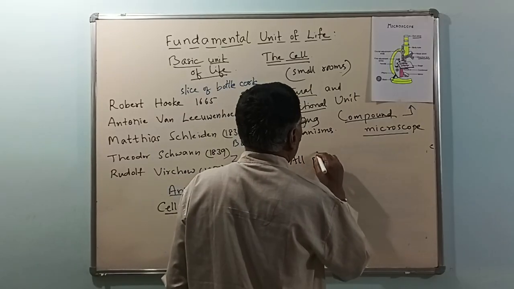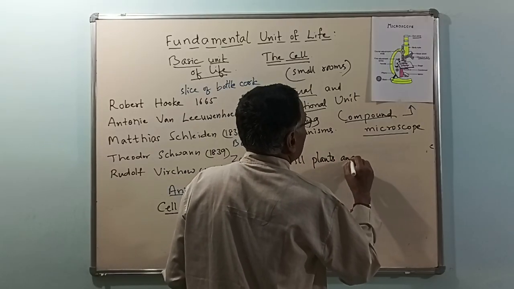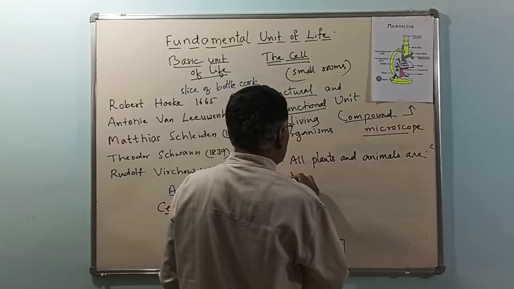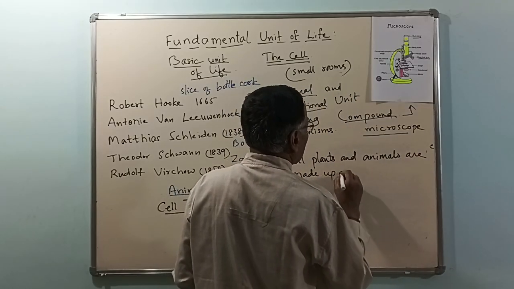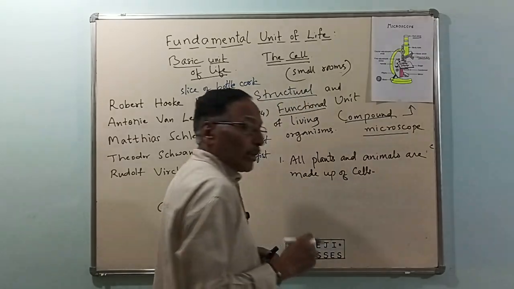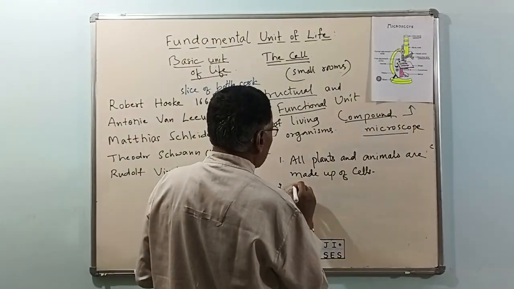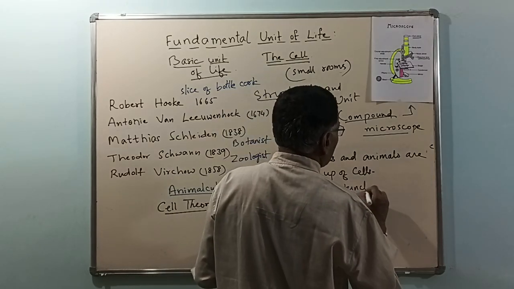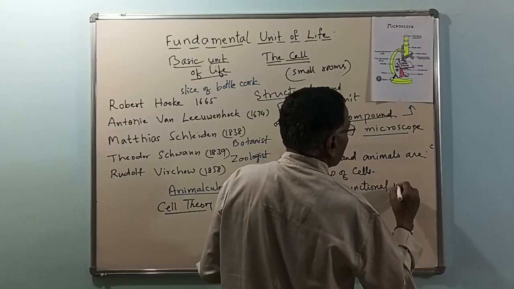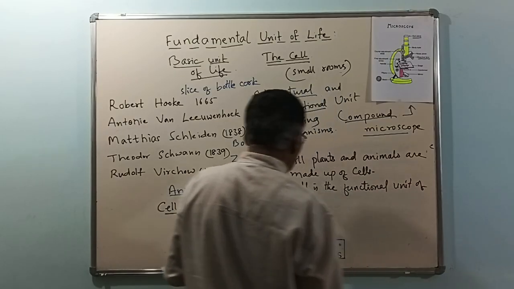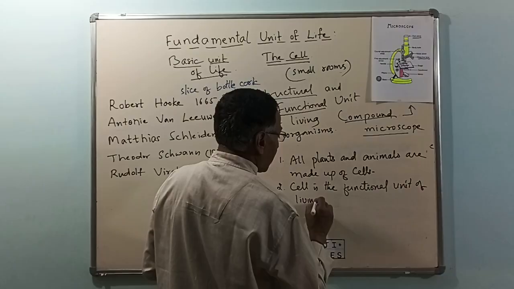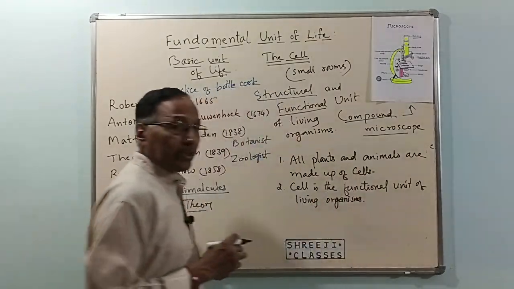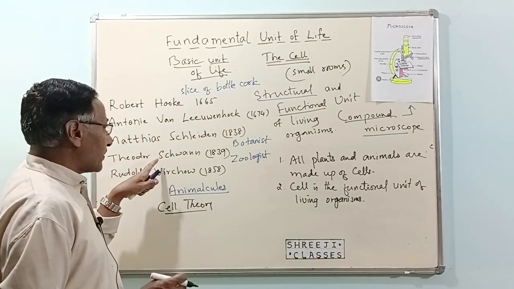All plants and animals are made up of cells. Second point, cell is the functional unit of living organisms. Cell is the functional unit of living organisms. These were stated by these two scientists, Schleiden and Schwann.